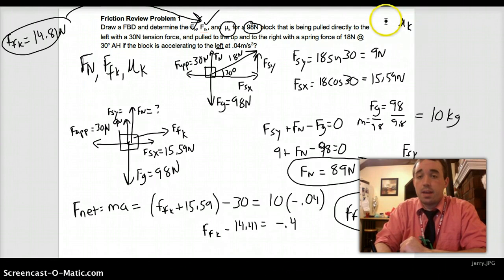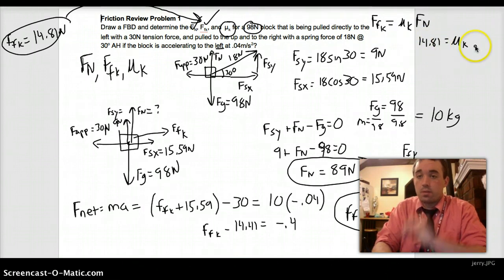Mu k I can find because I know that mu times the normal force equals my force of friction, FFK. So my FFK I just found. It's 14.81 equals mu k, what I'm trying to find, times my normal force, but my normal force I found.